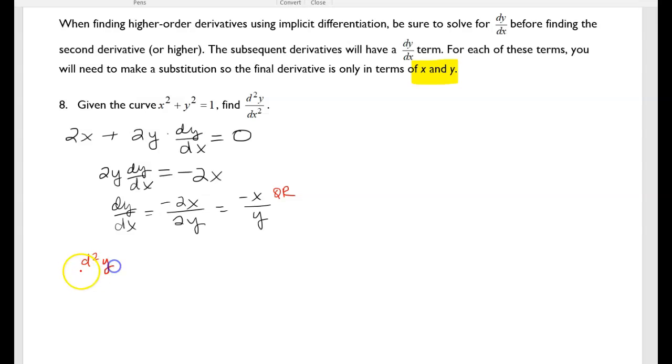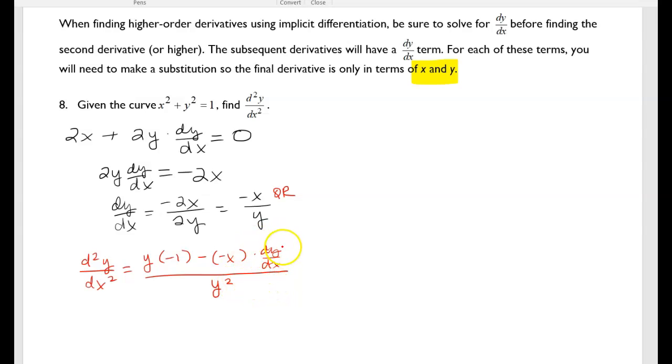So d squared y over dx squared is how it is written, but we just say the second derivative of y with respect to x. Now I'm using quotient rule. Low is y, d high is -1, minus high, -x, d low is dy dx, all over y squared. And what you want to be sure of here is that you actually go back.